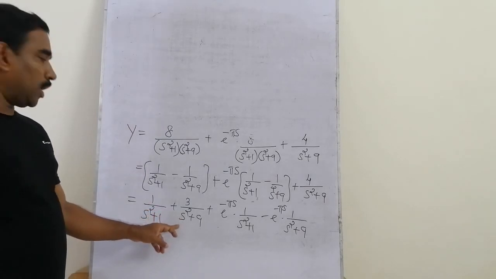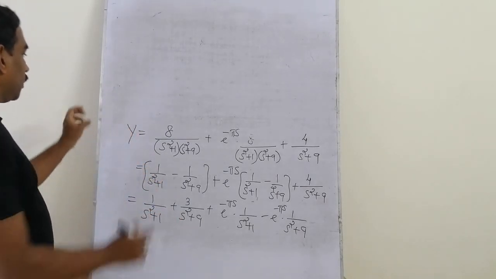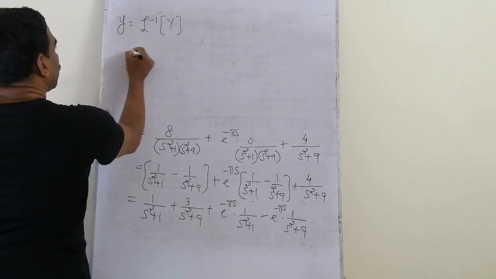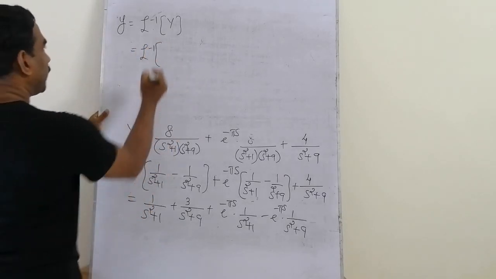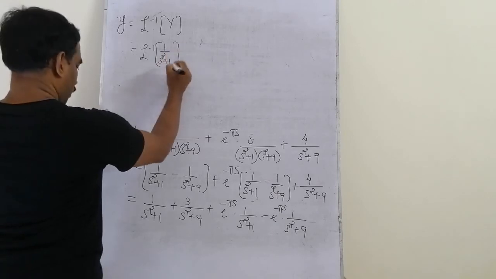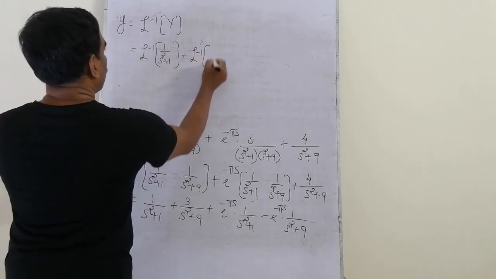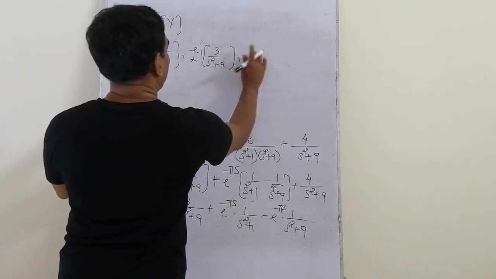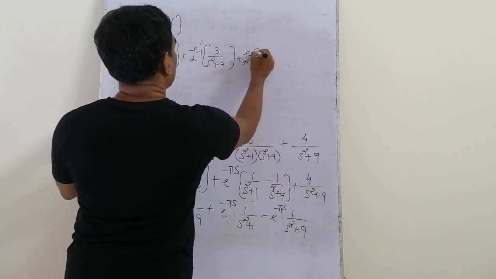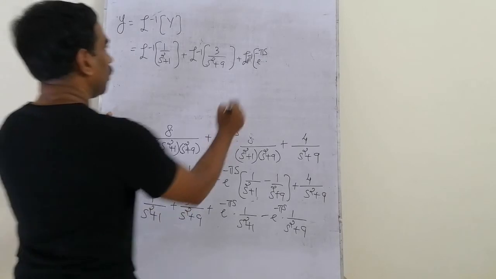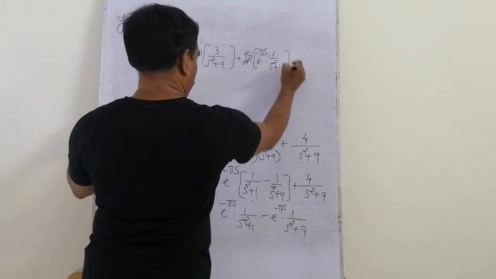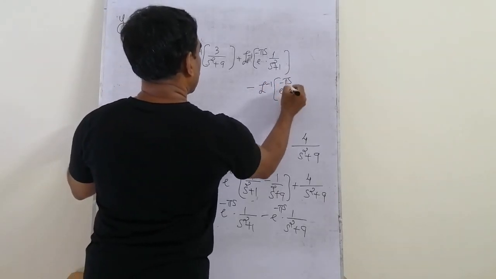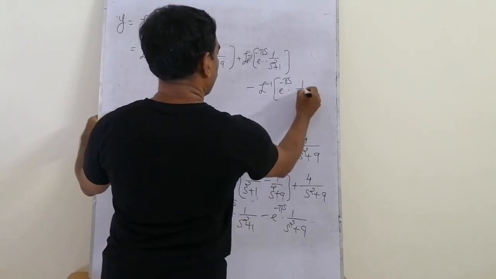So from this value of capital Y, we can obtain the solution small y by inverting, that is small y is equal to L inverse of capital Y, that is equal to L inverse of 1 by s square plus 1 plus L inverse of 3 by s square plus 9 plus L inverse of e raised to minus pi s into 1 by s square plus 1 minus L inverse of e raised to minus pi s into 1 by s square plus 9.